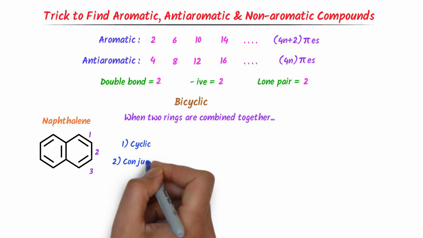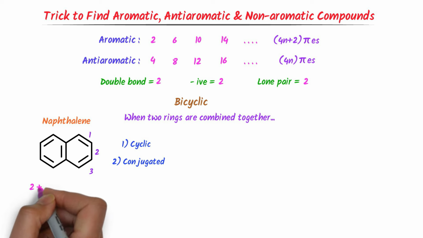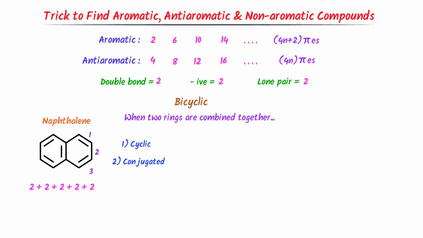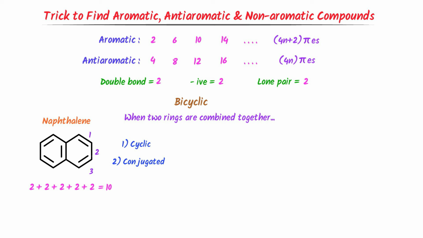Secondly, it is a conjugated organic compound because it contains alternate single and double bonds. Here in these two rings, there are 5 double bonds. So I write 2 plus 2 plus 2 plus 2 plus 2, which is equal to 10 electrons. According to the rule, if a compound contains 10 electrons, it is an aromatic compound. So naphthalene is an aromatic compound.